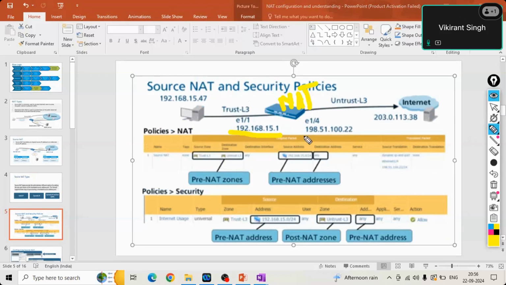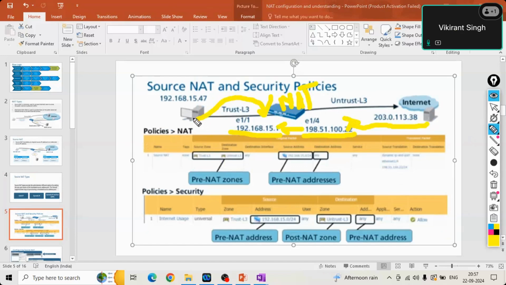The new IP will be this. The public IP address will understand this IP. It will revert to this IP only, and this IP knows where we got the request from, so it will again revert to this IP.